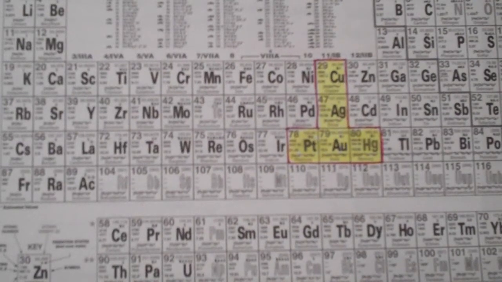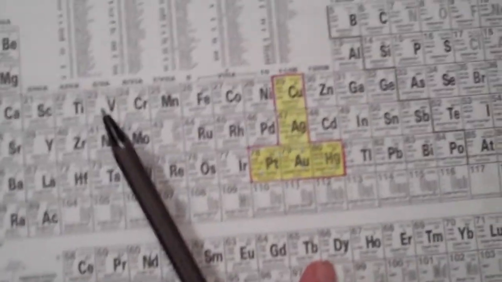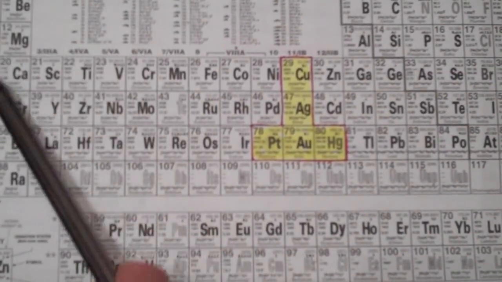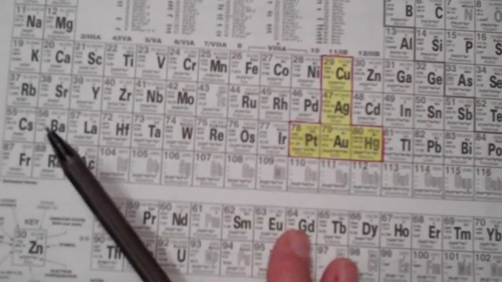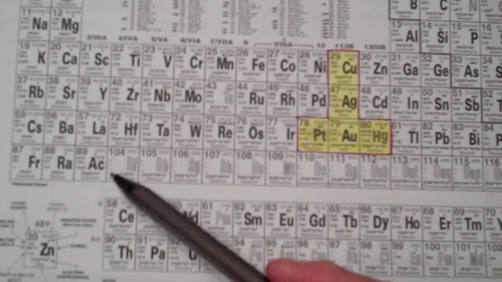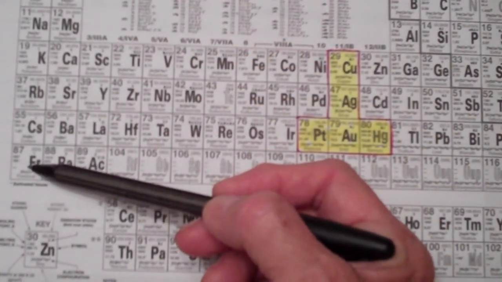It's going to be a lot to remember which one is more reactive. But the general trend that we'll talk about is that as you move to the left and down, metals become more active. To the left and down. So on this table then, francium is considered to be the most active metal.